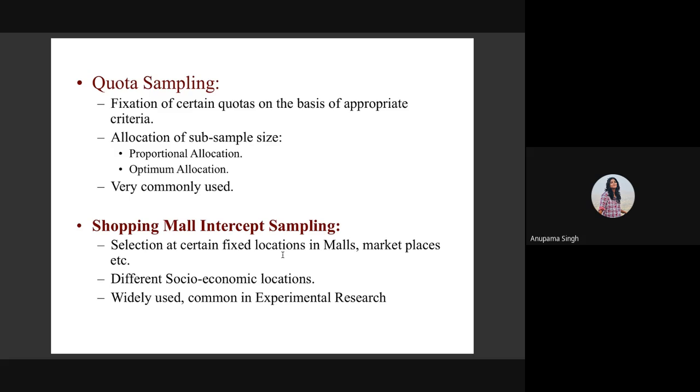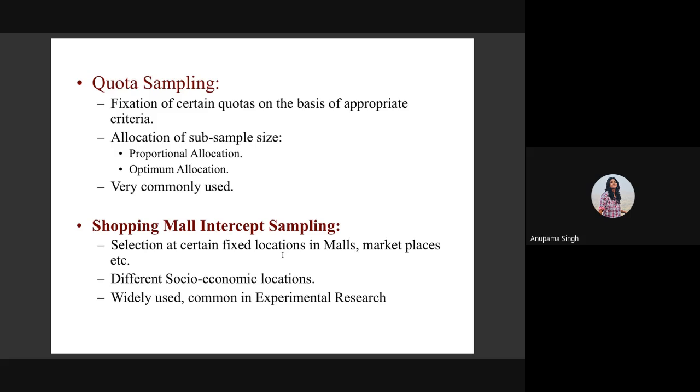When we are talking about different sections of the society, some section of that particular population has to be given more importance over another section of the population.